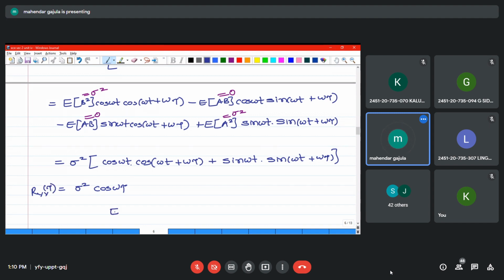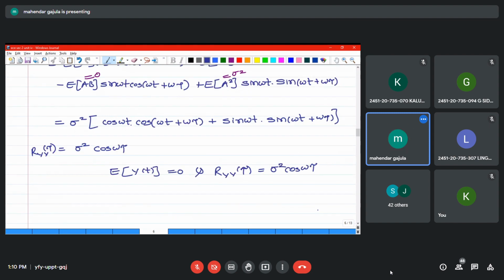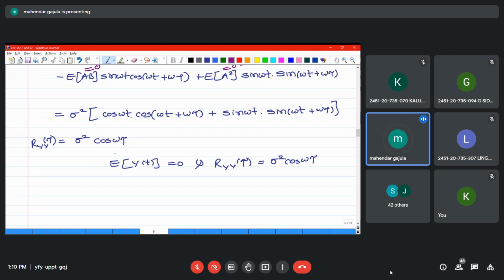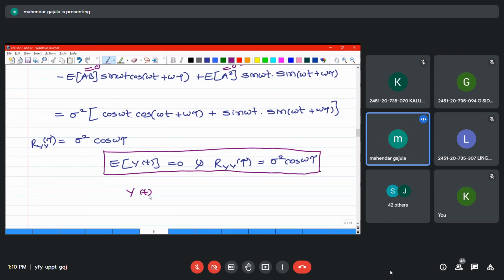So the mean of yt, expectation of yt, is 0 and the autocorrelation function of y is independent of time, a function of tau only. According to these two, we can say that yt is a wide sense stationary random process.